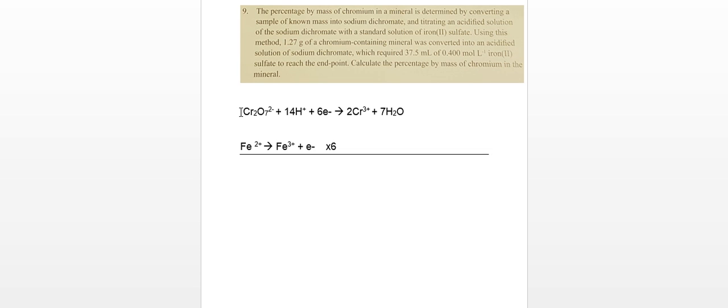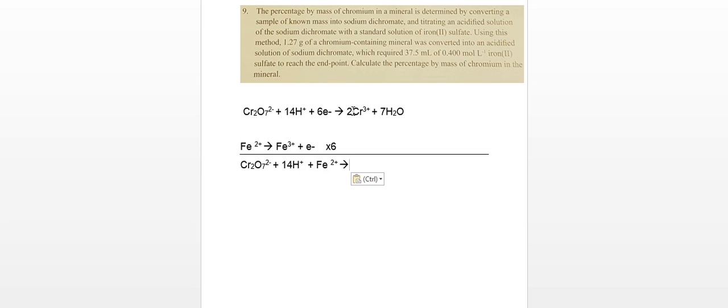So here's what happens. We can take the dichromate, the hydrogen, and in addition to that we can add our iron 2 to it, like so.